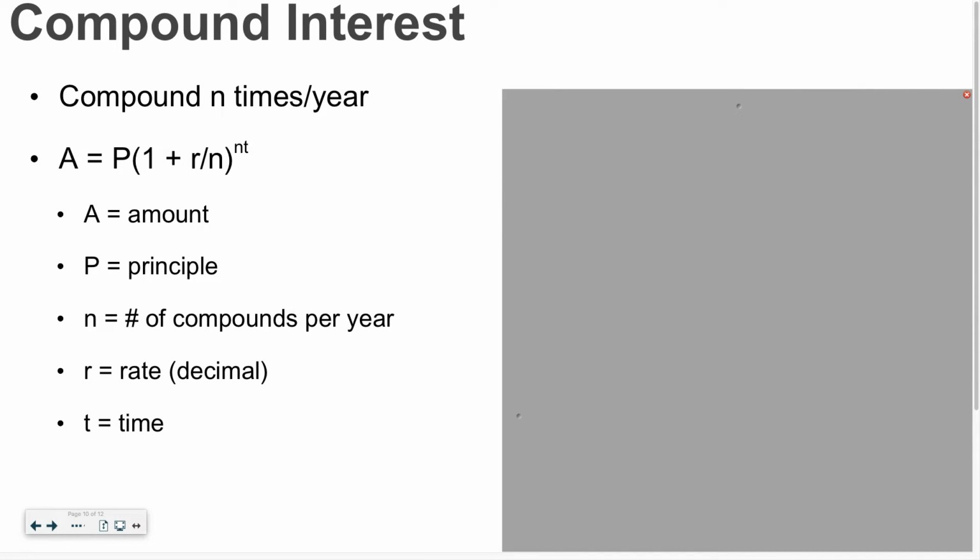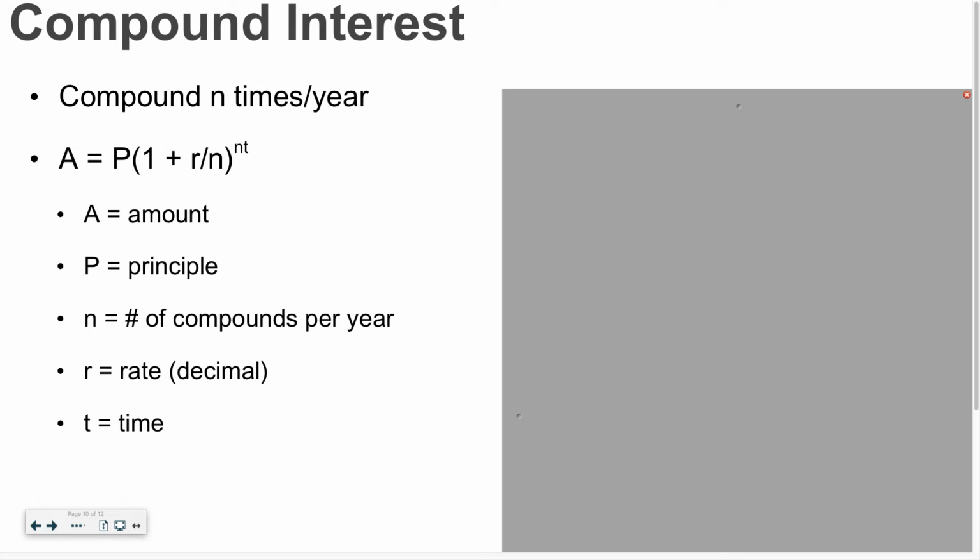So compound interest, super applicable. Loans, savings accounts. Okay, really, when we're talking about money, interest has to be calculated so many times, okay?